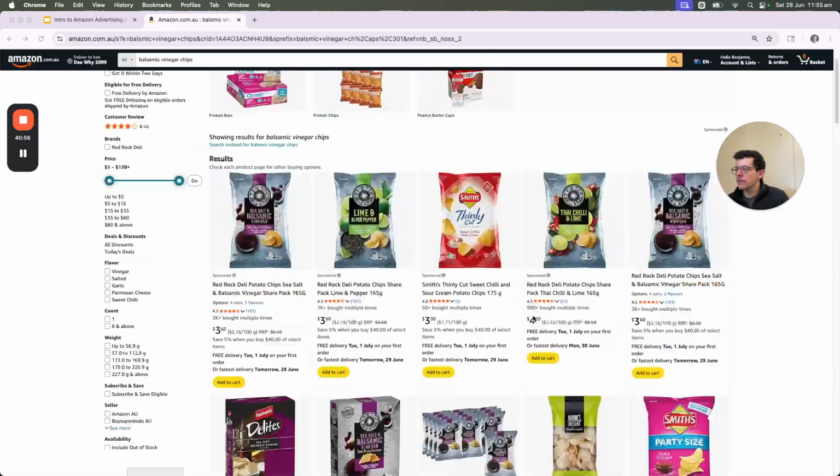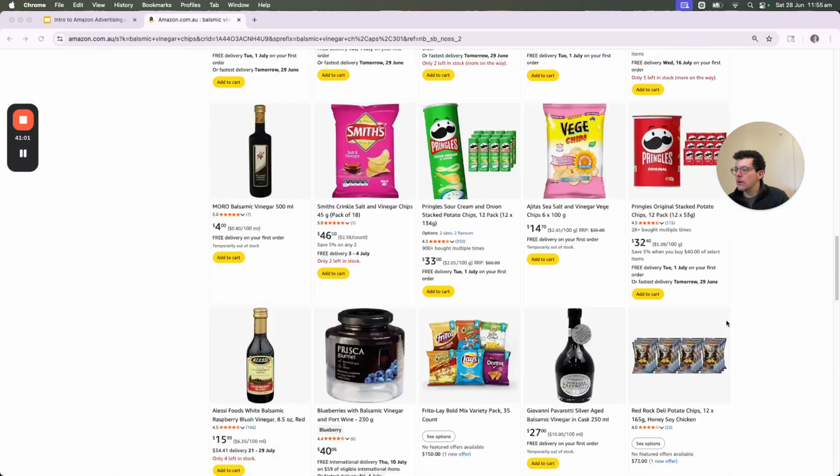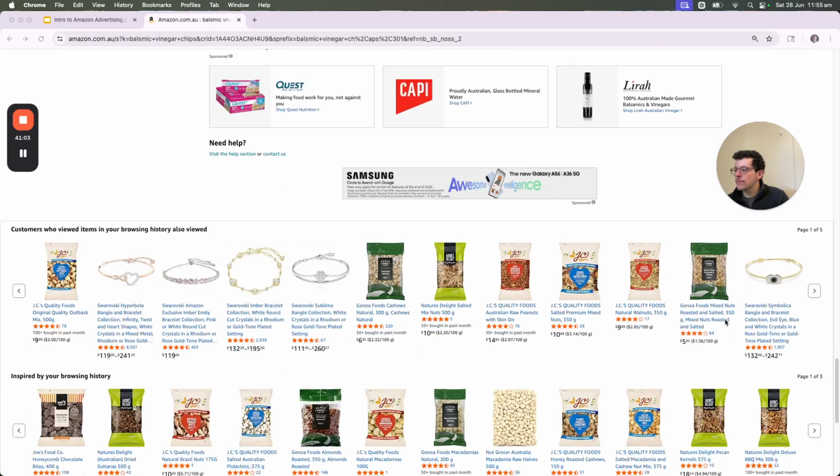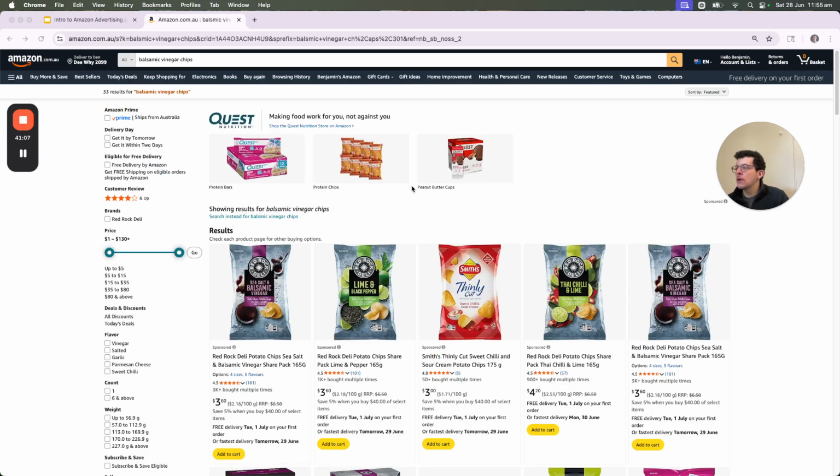In this case, it's not on the first page, and so maybe it's page 3 or page 4. But again, the thing to keep in mind is you just need to understand the difference between an organic placement and an advertised placement.